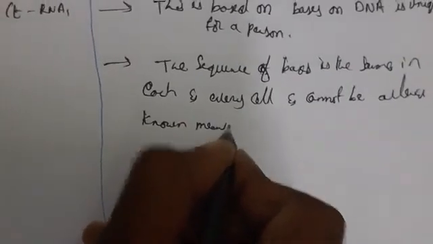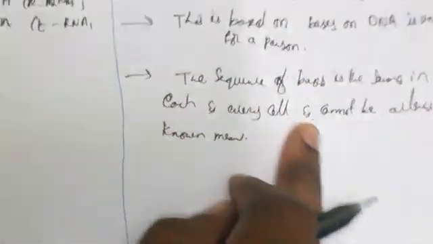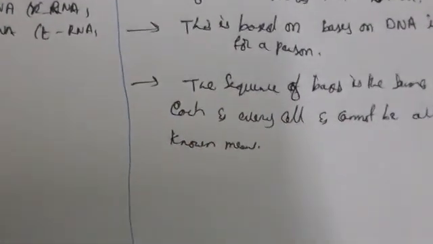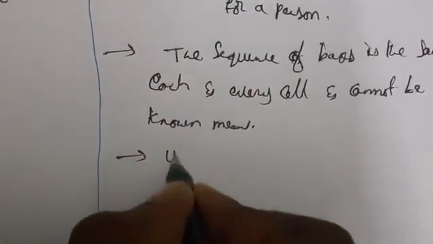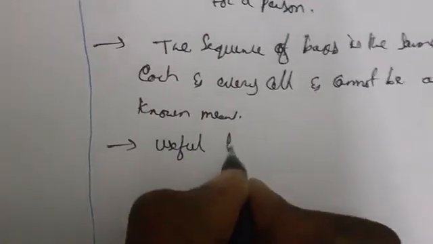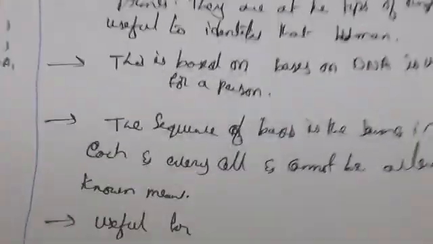Whatever sequence we are taking, adenine, guanine, cytosine, whatever you have taken, the sequence will be the same within the person, but it cannot be the same with another person. So DNA fingerprinting is useful to identify the criminals by forensic labs.